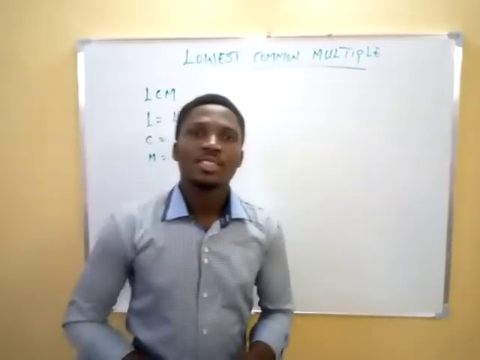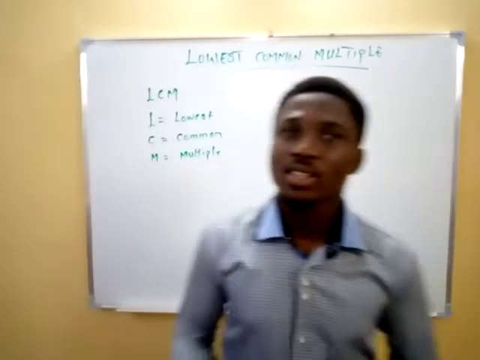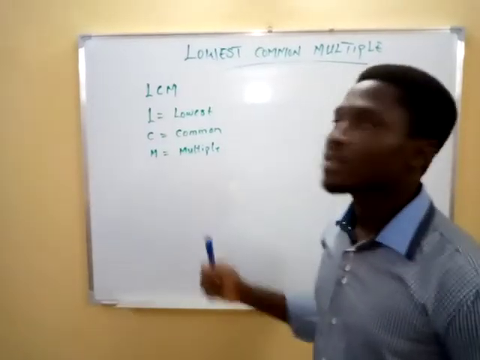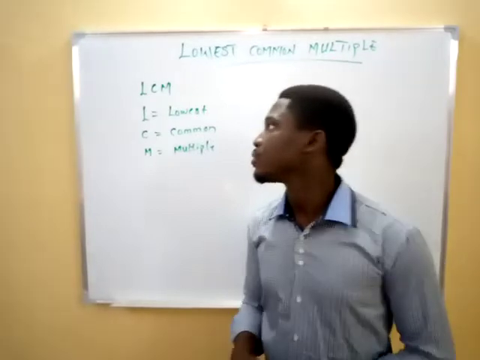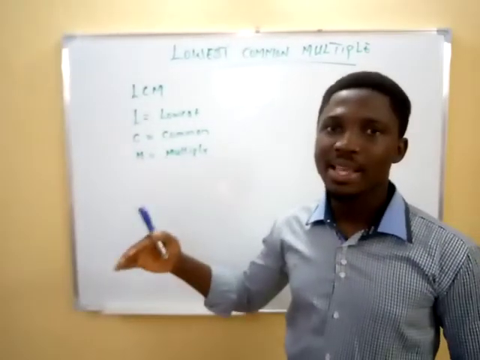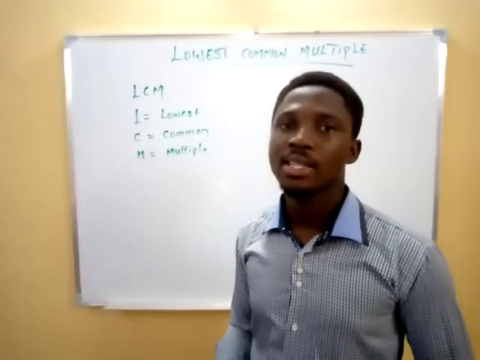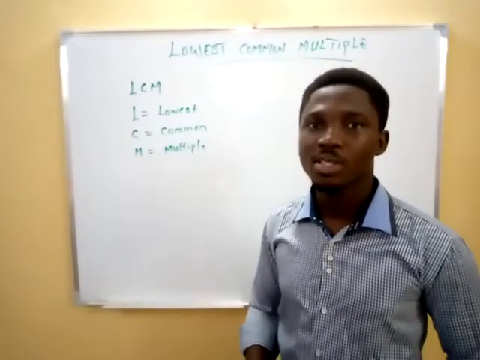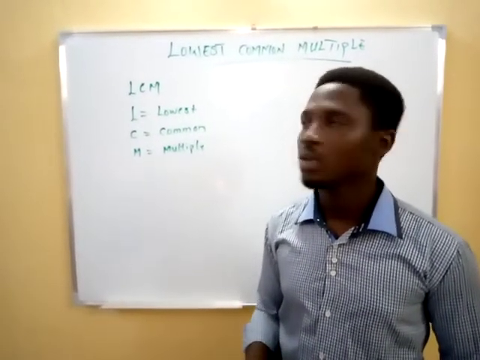In any mathematical equation that you are asked to find the lowest common multiple, one of the things you have to take note of is that there is a systematic way, a step-by-step method of finding the lowest common multiple of a set of numbers.